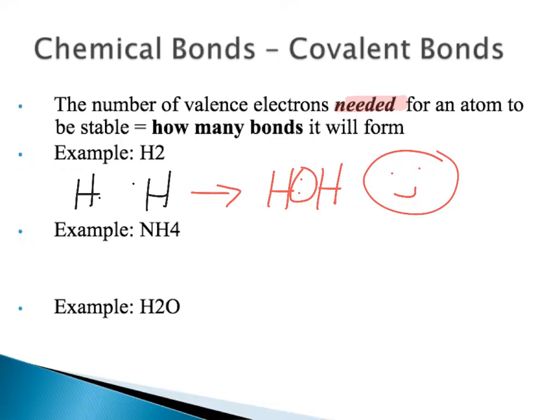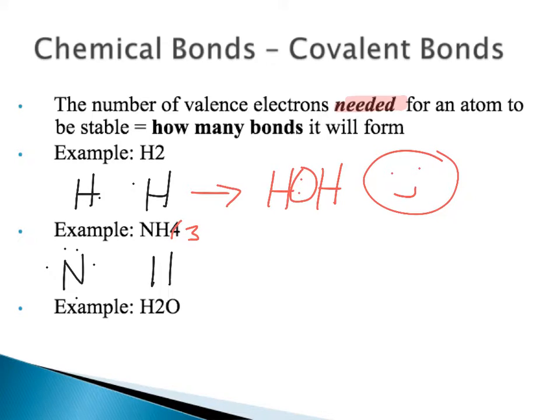And then I'm going to change this from NH4 to a 3, NH3. So nitrogen has a valence number of 5, which means if I draw it, it has 1, 2, 3, 4, 5. So each of these down here needs to be paired up.